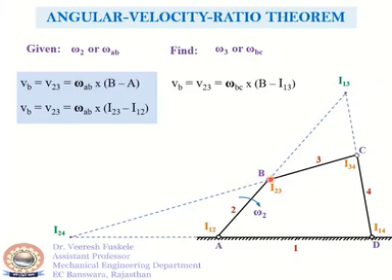That is, V23 is equal to omega BC into I23 minus I13, this distance.